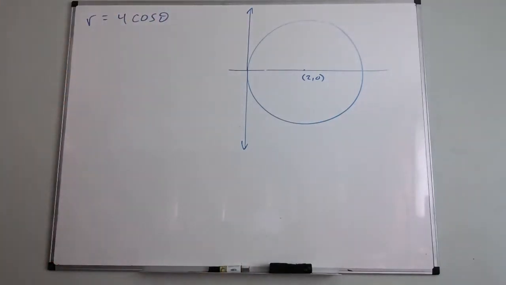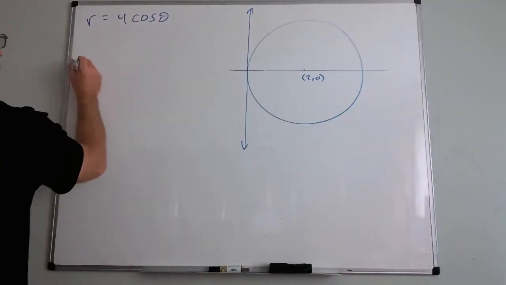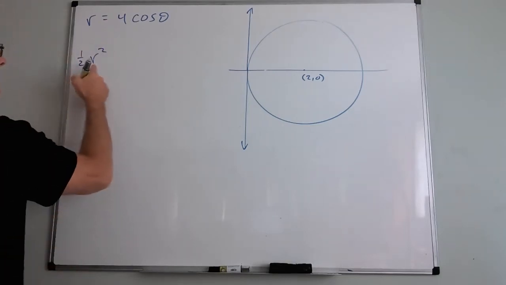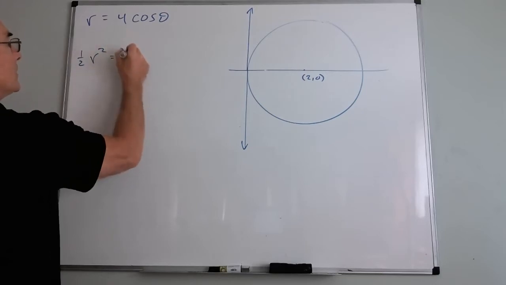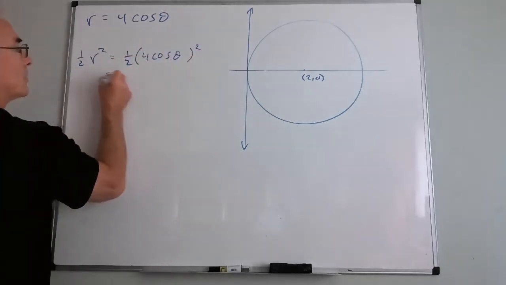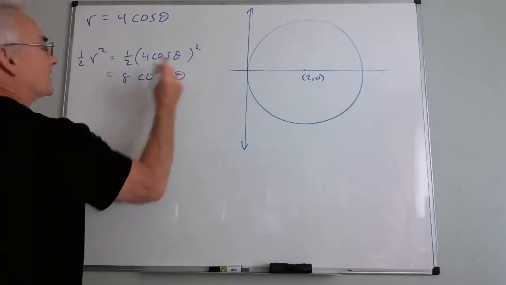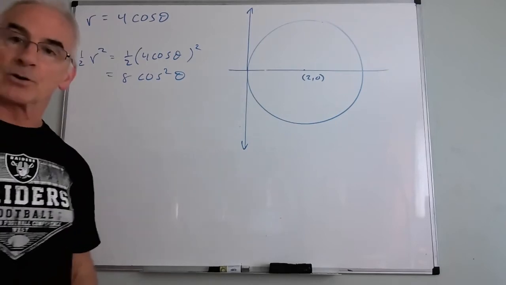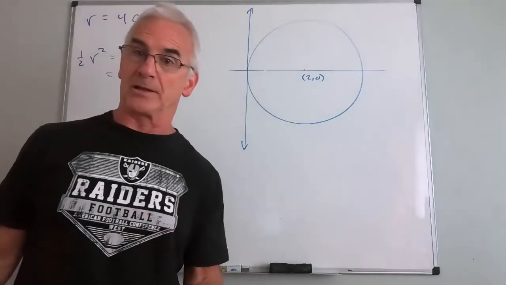So my integrand has to be 1/2 r squared times delta theta. Let's start with the 1/2 r squared. That would be 1/2 times (4 cos theta) squared, or 8 cos squared theta. Now remember, you cannot integrate a sine squared or a cos squared. You have to use your double angle formulas.